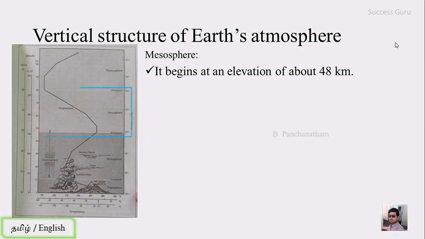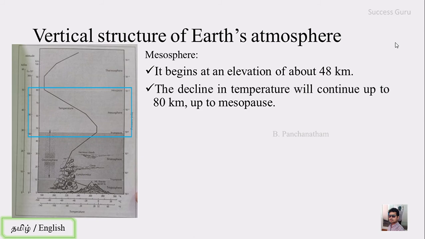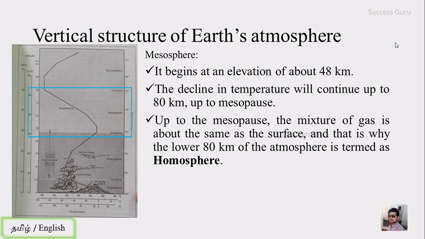And the next one is the mesosphere. It begins at an elevation of about 48 kilometers, and the decline in temperature will continue up to 80 kilometers. That is, in the mesosphere there will be a drop in temperature, and up to the mesosphere you can see the mixture of gas is about the same as the surface.